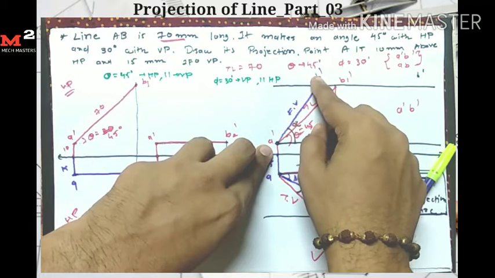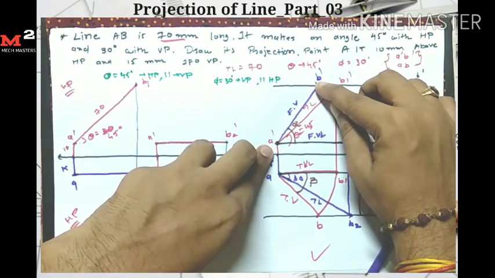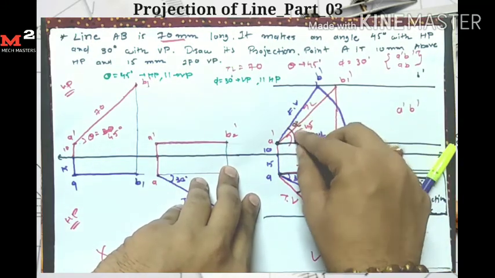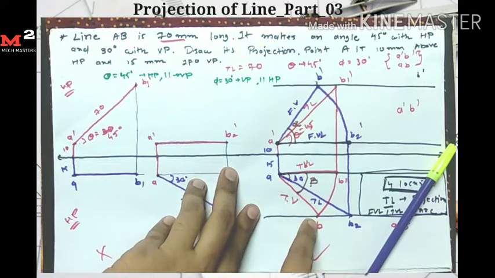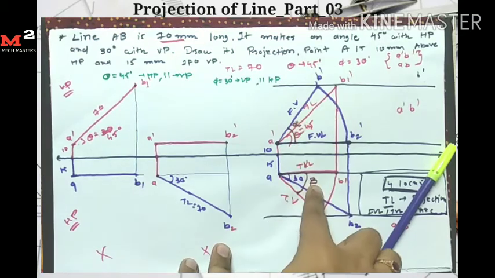I get my B dash point here, and my final front view A dash B dash. The angle made by the final front view is alpha, and the angle made by the top view is beta, the inclination angles alpha and beta.